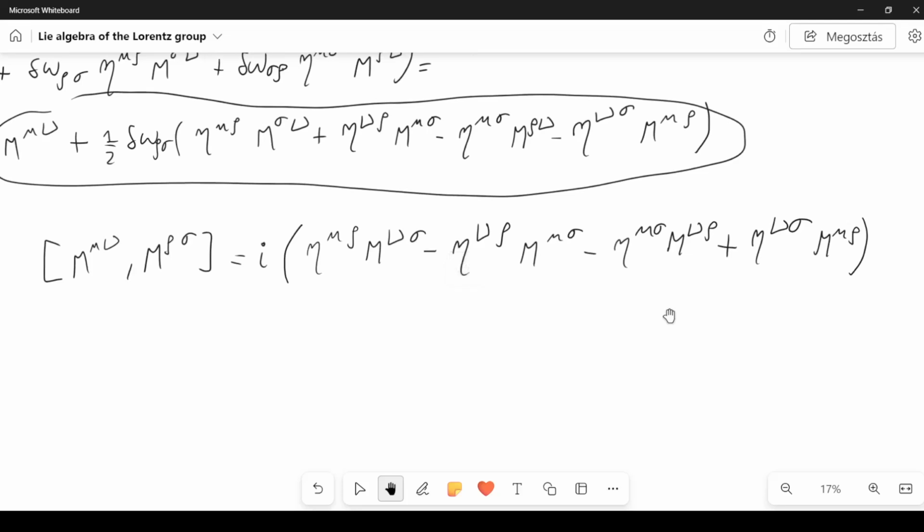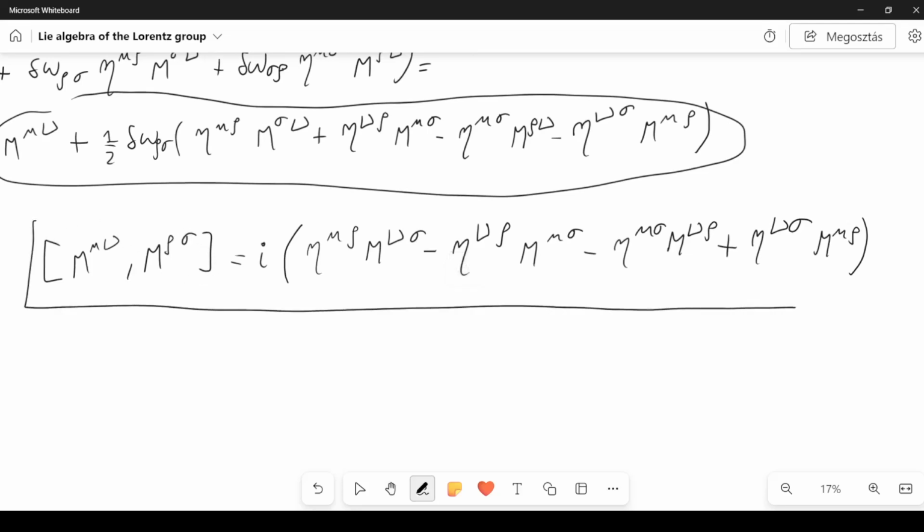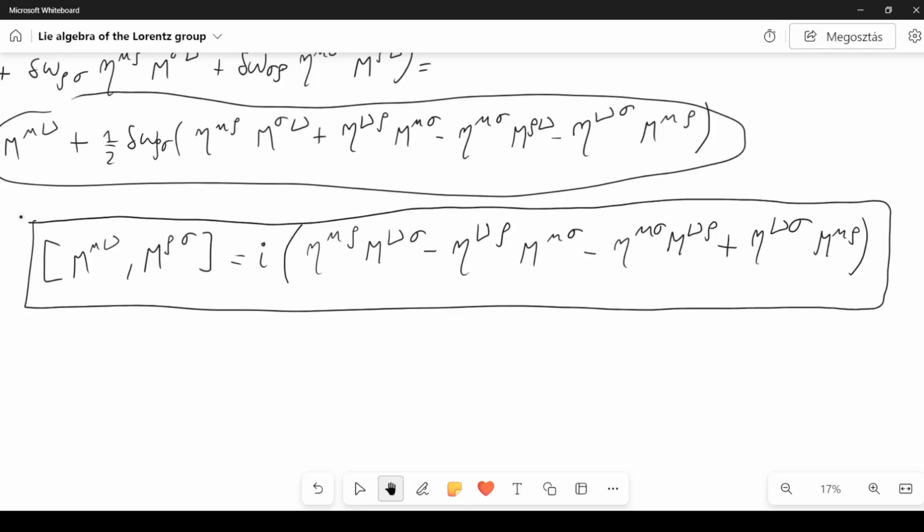And this is exactly the Lie algebra of the Lorentz group, which contains the commutator between the boosts and angular momenta, because this operator here is a generic operator of angular momentum, but it is a relativistic operator of angular momentum.